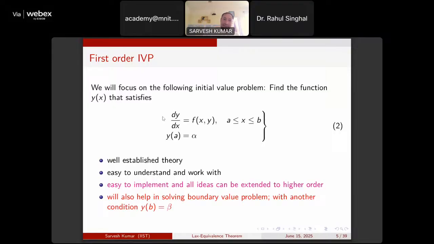Moreover, whatever ideas we generate for theory as well as implementation can be extended to higher order, because the system of first order equations is equivalent to an equation of order m. So if you know how to work with this, then we can solve any mth order equation.